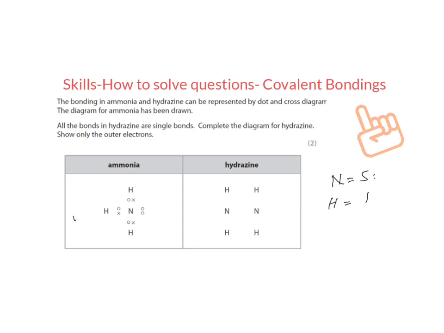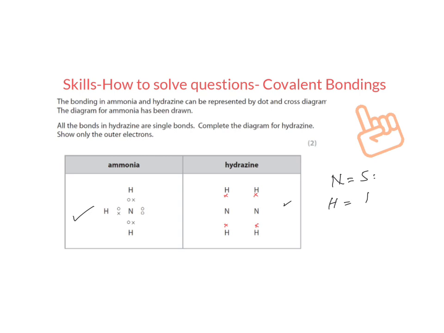Now here ammonia is given as a reference. Nitrogen is given, hydrogen is given, and we are using nitrogen and hydrogen even in the same structure. So as we know, nitrogen is in the 5th group. So first I'm going to show the electrons of hydrogen, suppose. So this is a cross of hydrogen, this is a cross of hydrogen, and this is a cross of hydrogen. What about nitrogen?